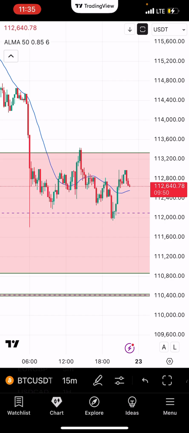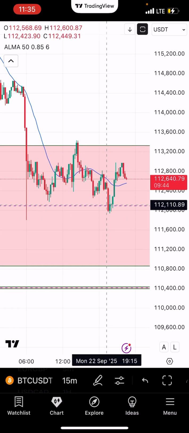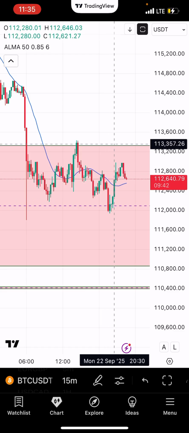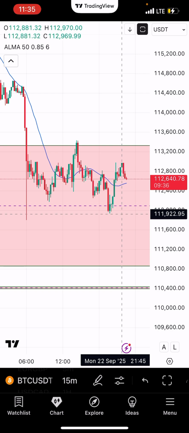Then from here the candlestick moves up to somewhere here, then breaks down to here, 111,942, and it starts going up again.